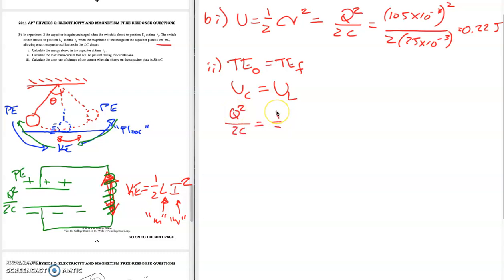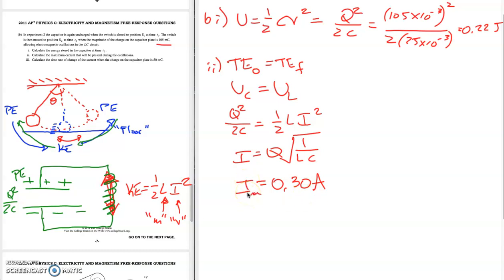And now we're going to get the energy in the inductor using 1/2 L i squared. So I is going to be Q times the square root of 1 over LC once we separate everything out. And that will get us a current, when we plug in those numbers, of 0.30 amps. And that will be Imax.